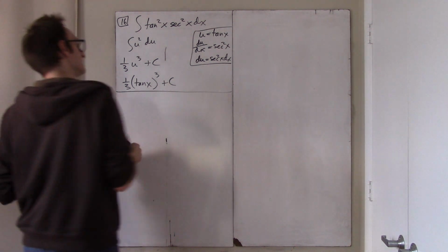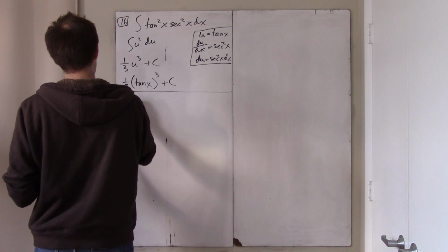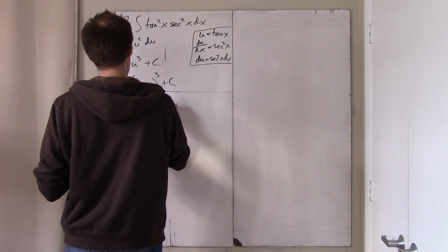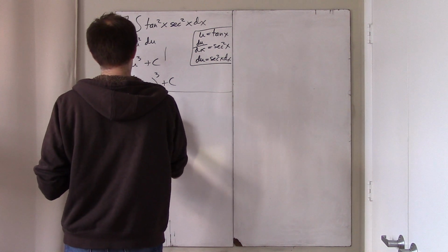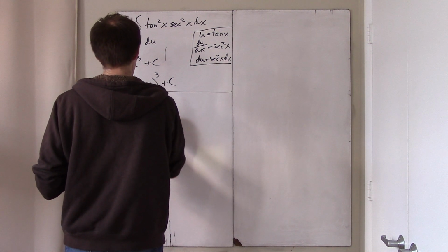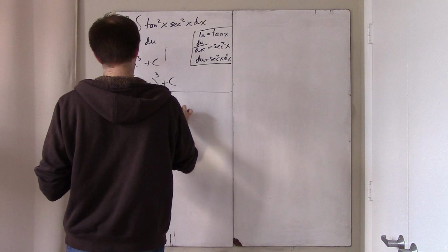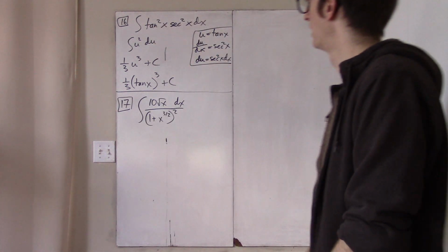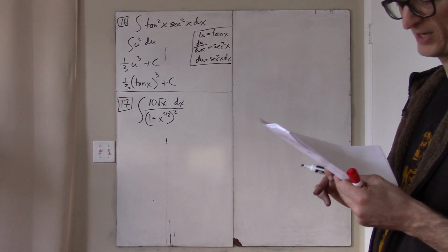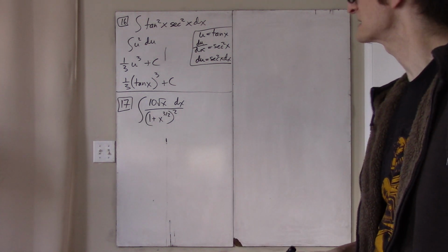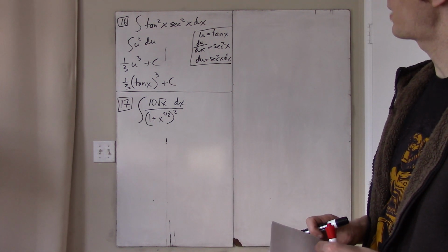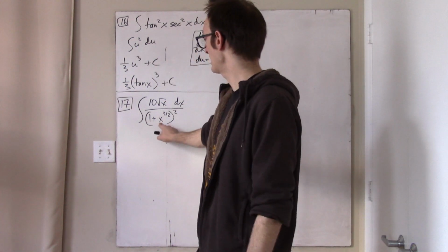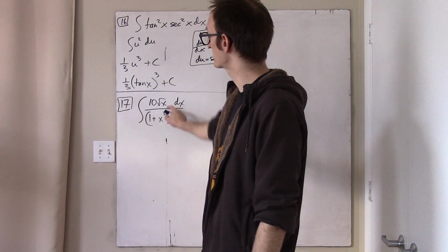17 and 18 are maybe slightly tricky because of algebra, but okay. What's going on? Let's see. 10 root x over (1 plus x to the 3/2) squared. Yikes. And I think there's a typo. I forgot the dx in there. Now what? Does it look like some chain rule happened here? Well, it does, because the derivative of x to the 3/2 is, give or take a constant, root x.